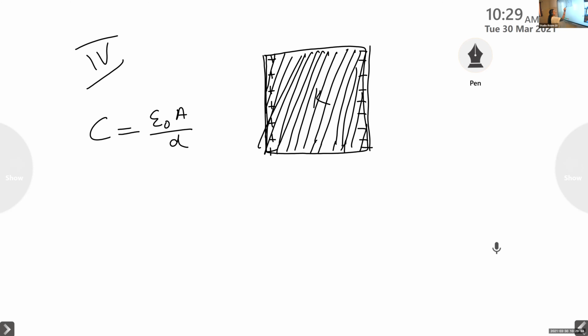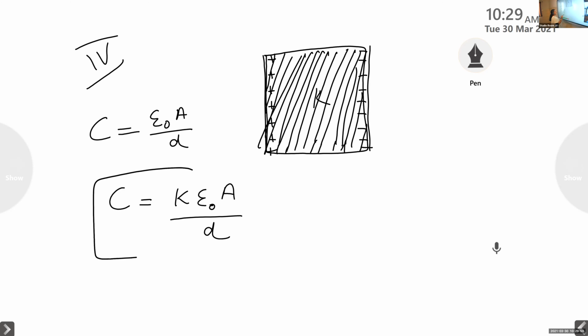And instead of air, if the medium of separation between them is completely dielectric, here the value of capacitance is given by C is equal to K into epsilon 0 A divided by D. This is the expression. You only need to write this and study this equation. There is no derivation here.